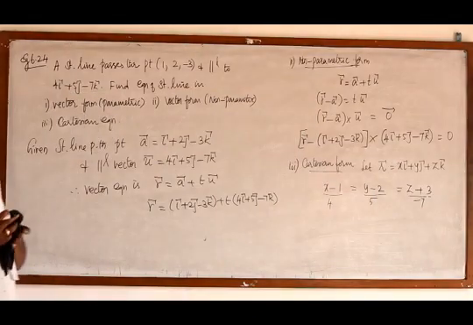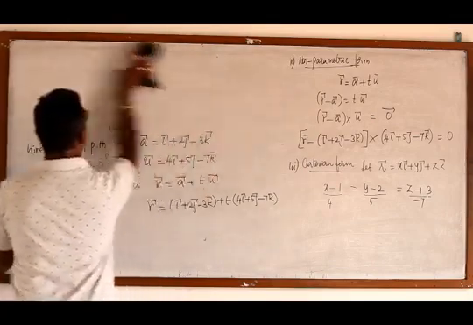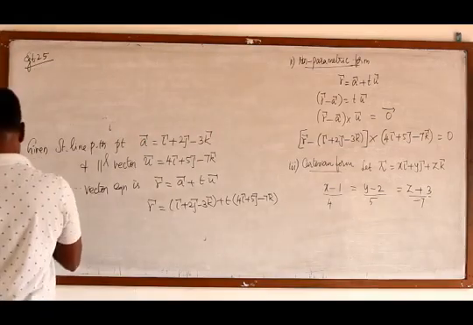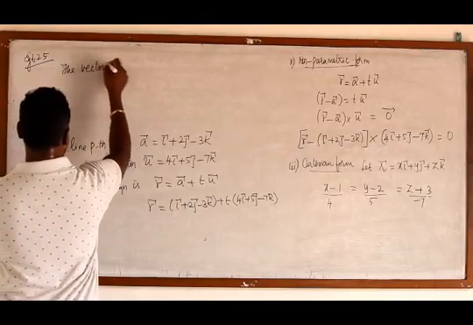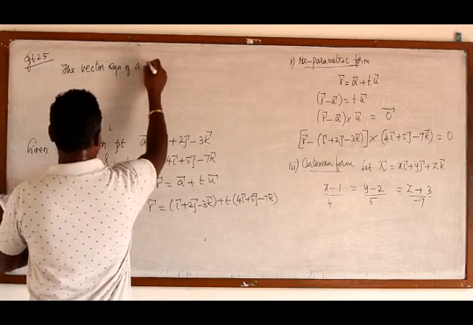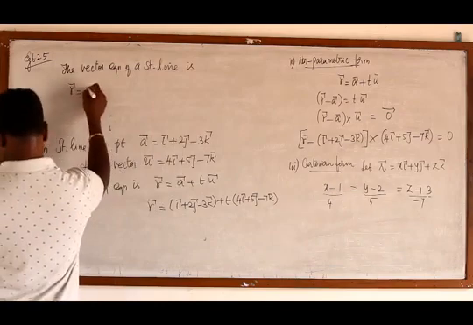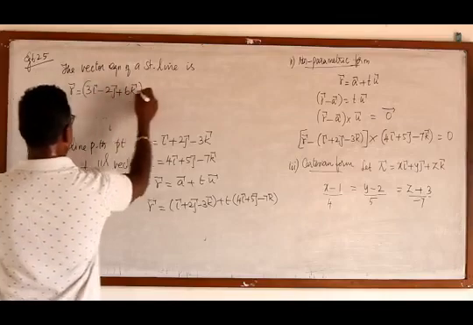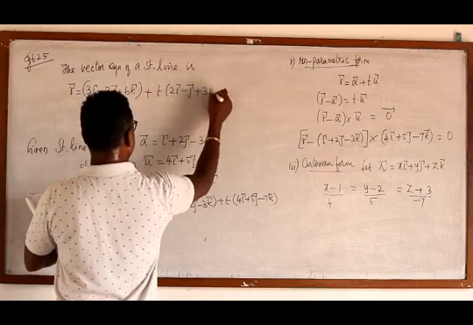This is example 6.24. Now we shall go for example 6.25. The vector equation of a straight line is r = 3i - 2j + 6k + t(2i - j + 3k).